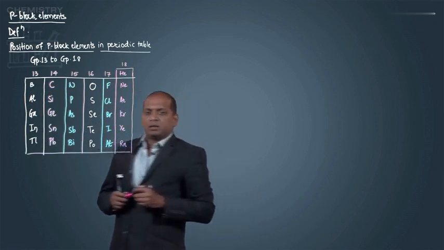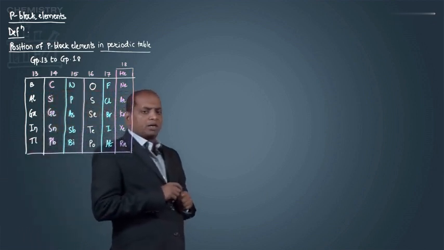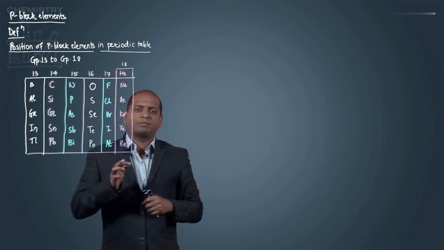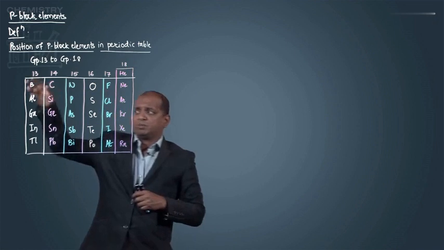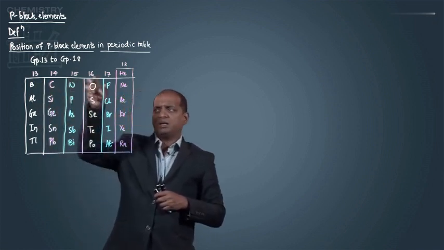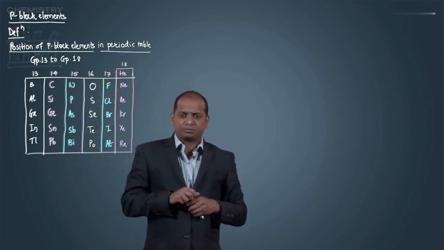Okay. So, for the general electronic configuration, the electrons start entering from the p orbital. So, p1, p2, p3, p4, p5, p6 this way. So, this is the boron family, carbon family, nitrogen family, chalcogens or oxygen family, halogens.